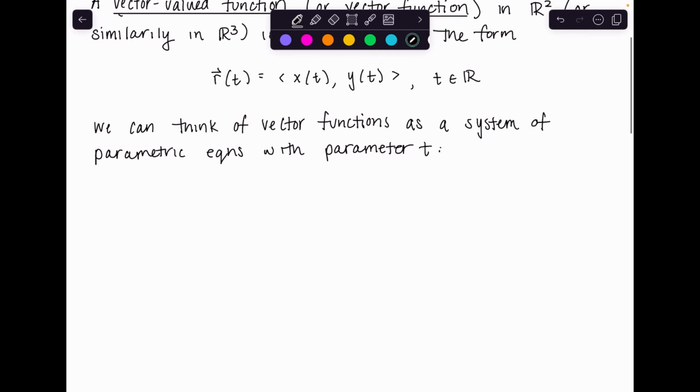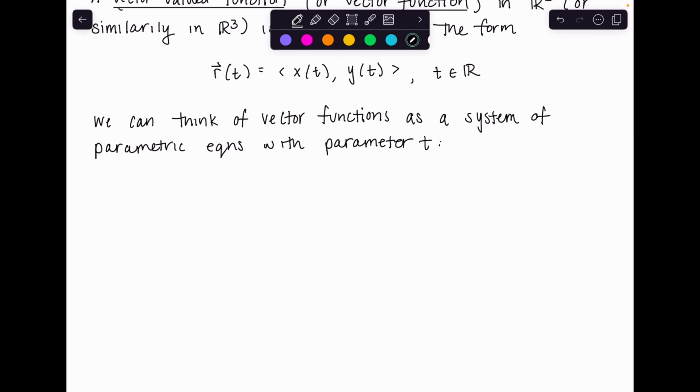So to give you a visual of this, we'll do again 2 dimensions. Suppose here is our xy axis. Let's say you input one value of t, and it gives you this vector, just starting at the origin. You input another value of t, and maybe it gives you this vector.